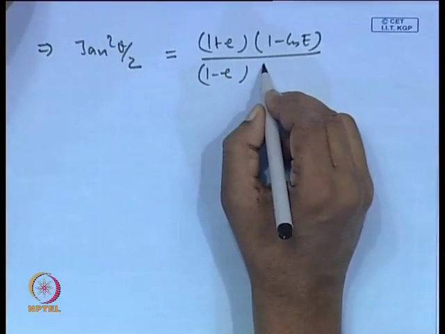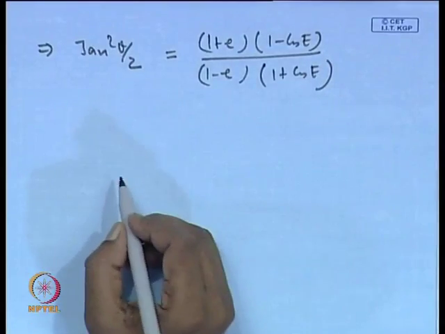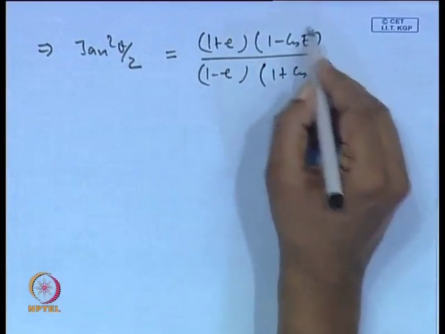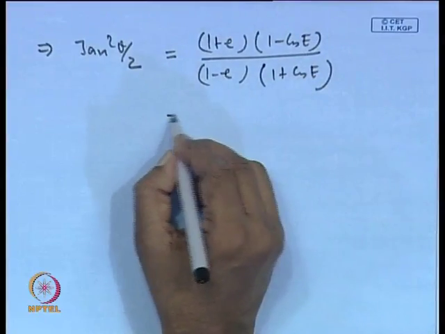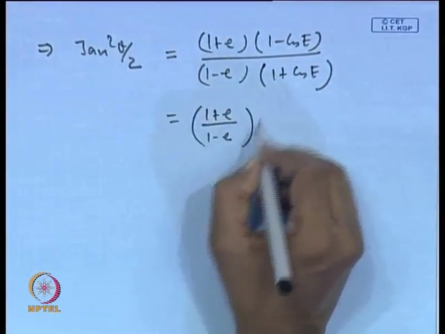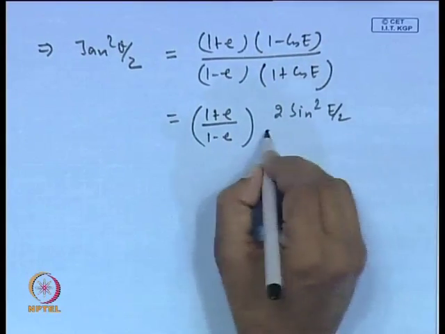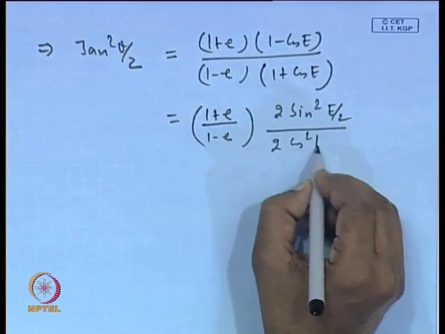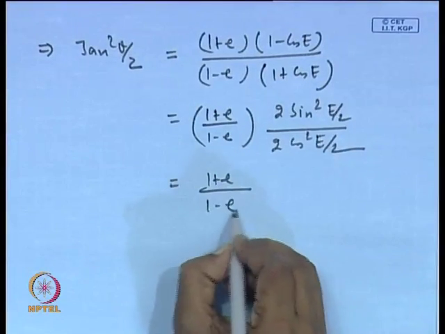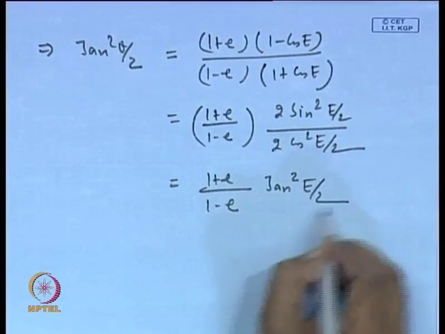Okay, so this becomes 1 plus cos E. Okay, and this term can be further simplified. So, this will become 1 plus e by 1 minus e, and this can be written as 2 sin square E by 2 divided by 2 cos square E by 2. So, this becomes 1 plus e by 1 minus e and tan square E by 2.